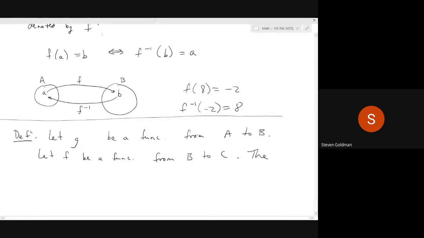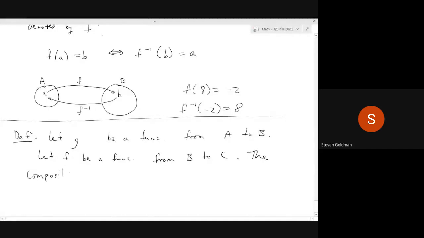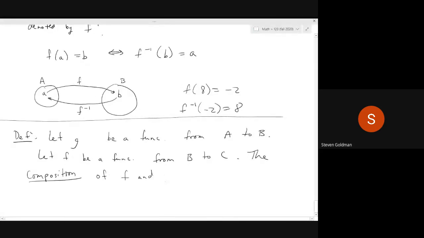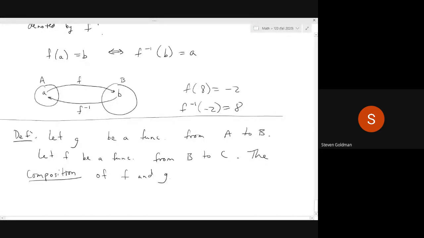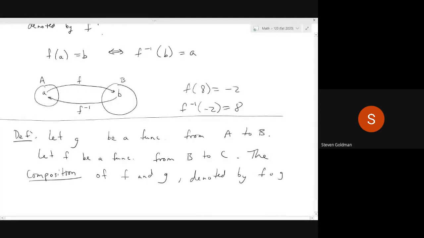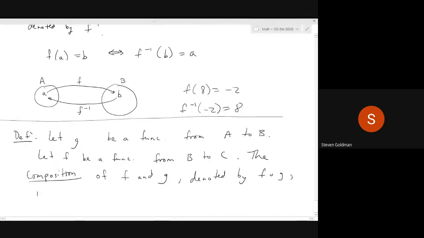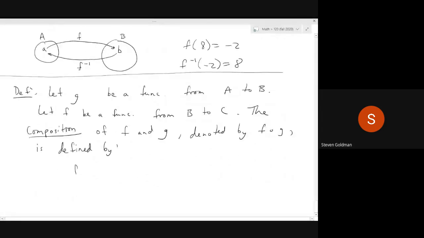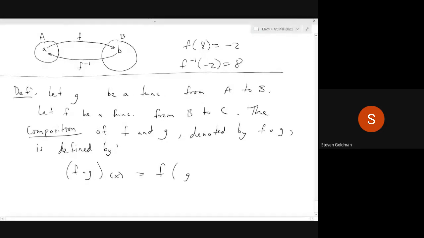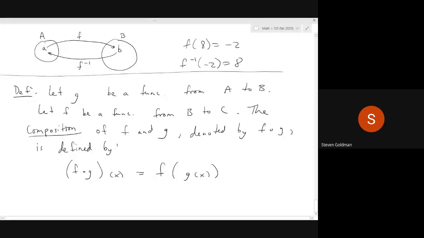The composition of f and g, denoted by f with a little circle followed by g, is defined by the following: f of g of x equals this, f of g of x.